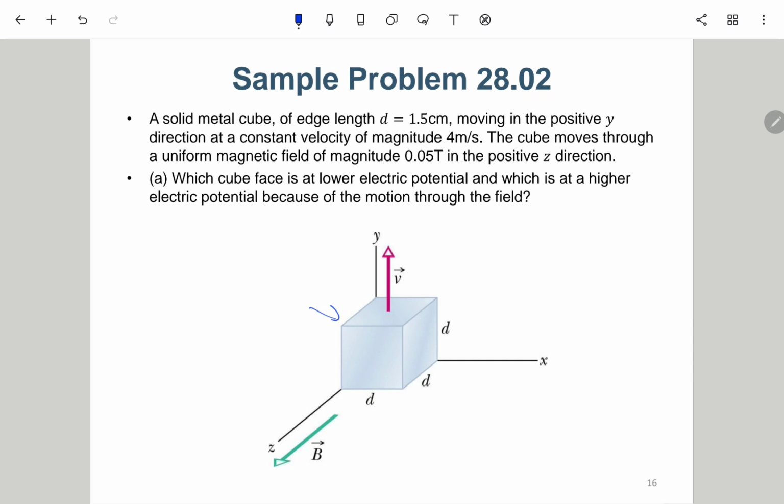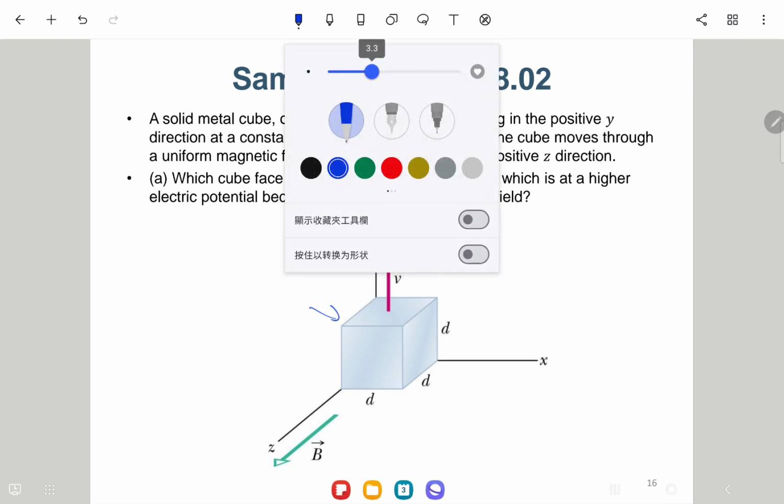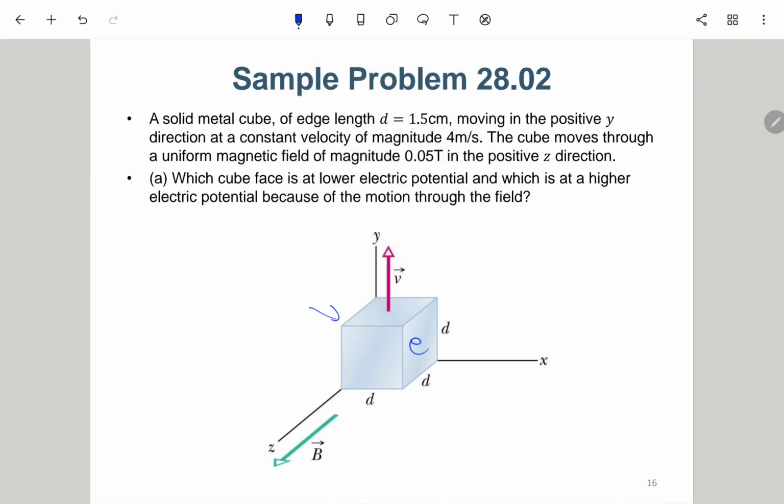inside a B field. Okay, if the moving direction of this cube is perpendicular to the B field, then there will also be Hall effect, because there will be free electrons inside. This is a metal, right?